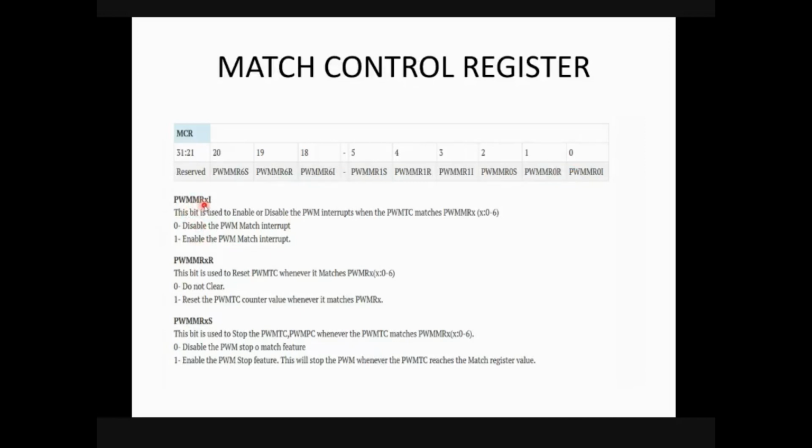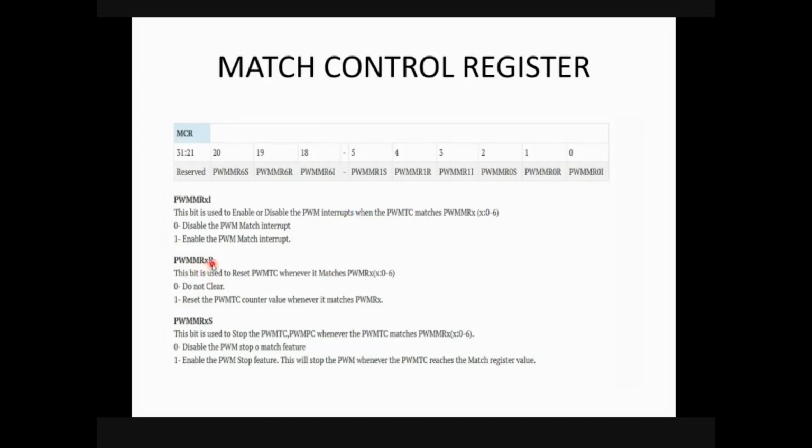If this interrupt bit is 0, it disables the PWM match interrupt, and if this bit is 1, it enables the PWM match interrupt. Why is this match interrupt required? We are using two match registers and the contents of these two registers are compared in order to make the PWM go from high to low and low to high. Then only are we able to get a square wave whose duty cycle can be varied.